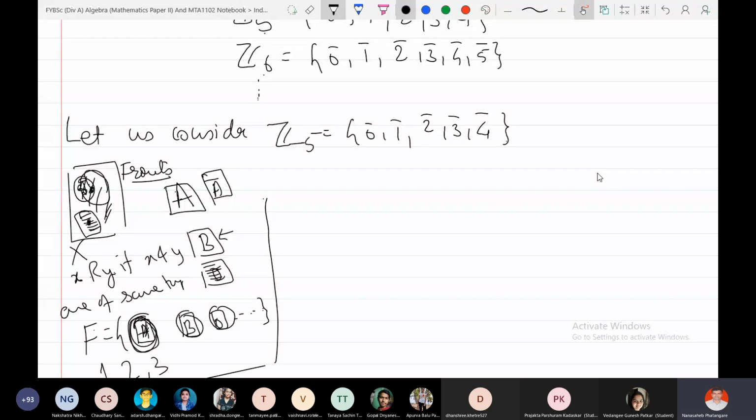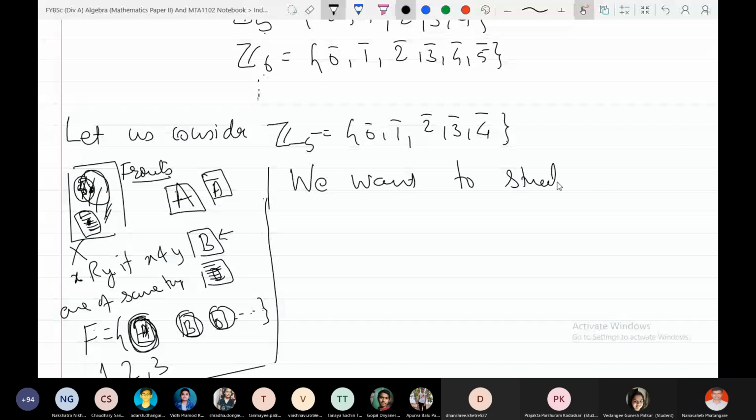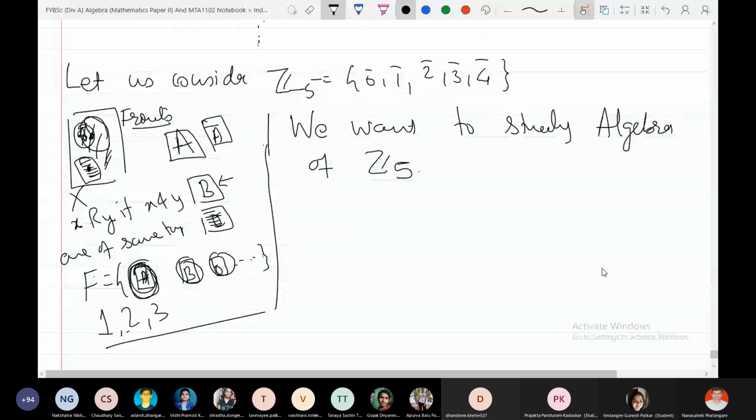Right, so now I am going to define addition. Now we want to study the algebra of Z5, and then we'll generalize this for Zn. Right, so we want to study the algebra of Z5. But if you want to do algebra, what basically we need is addition and multiplication, we need these operations, right?